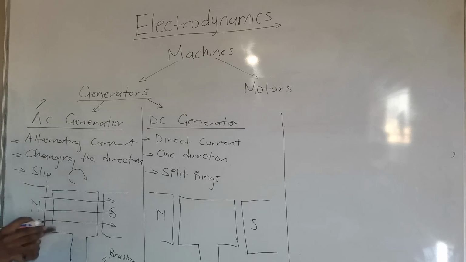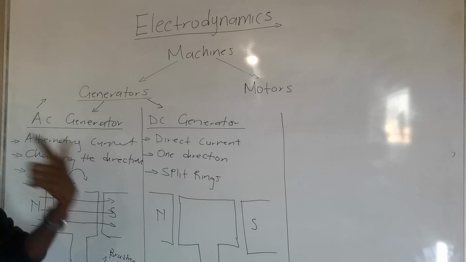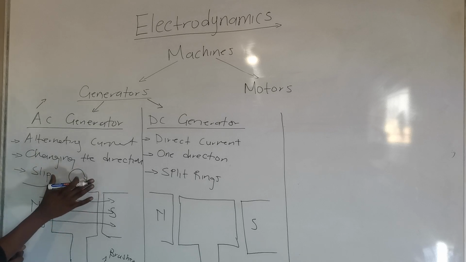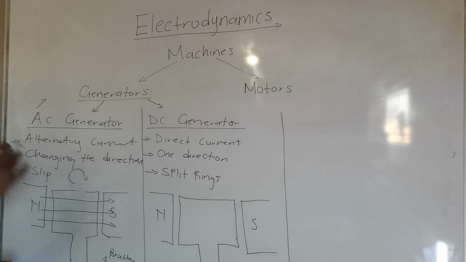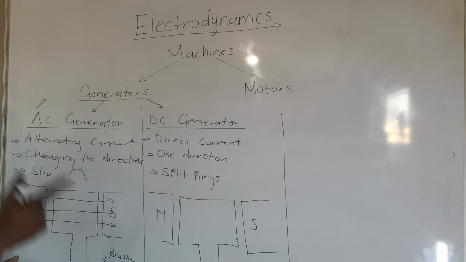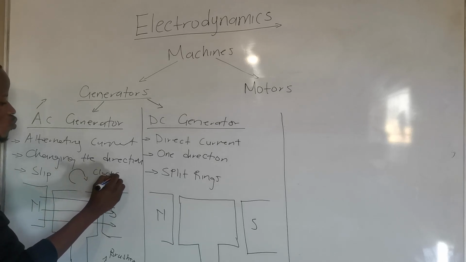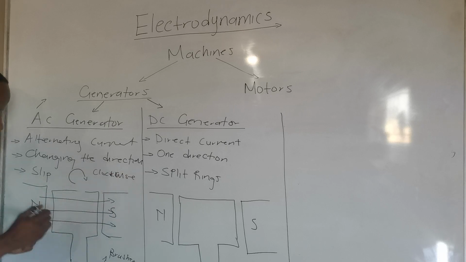The direction of rotation is indicated by clockwise and anti-clockwise. Even if they ask what is the direction of the rotation, you must use clockwise or anti-clockwise, nothing else. Okay, so this is clockwise. That is our clockwise.